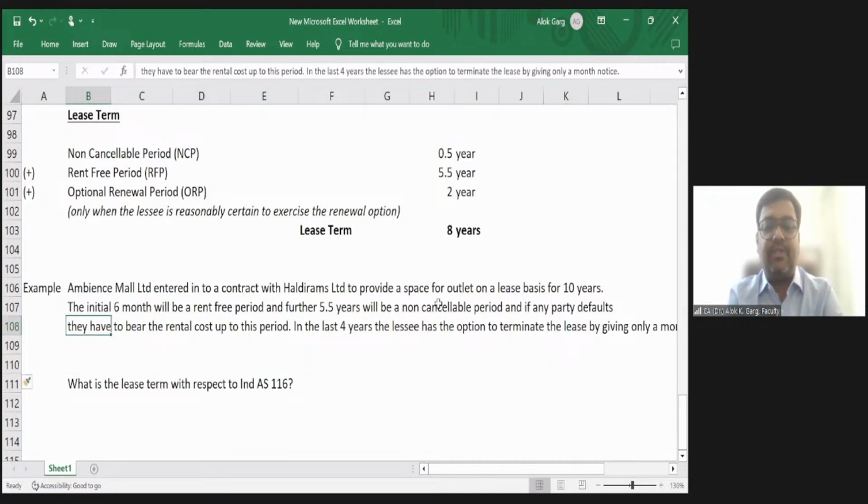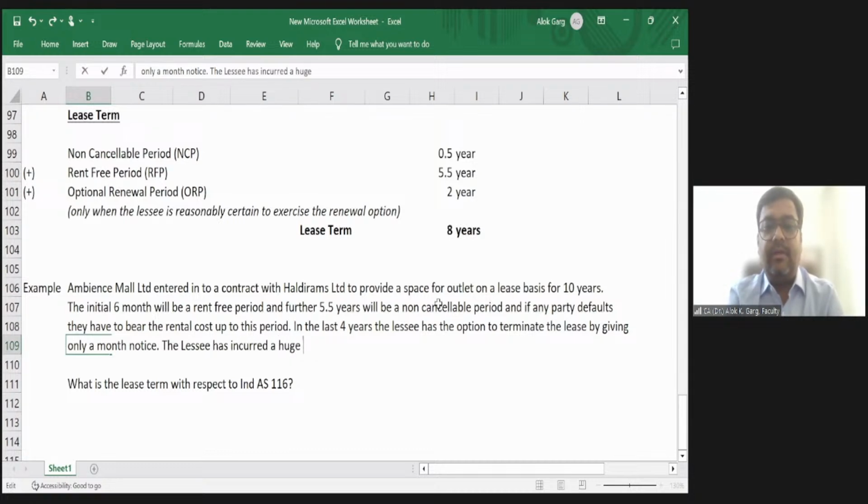The lessee has the option to terminate the lease by giving a month notice, right? Okay. And the lessee has incurred a huge leasehold improvement in this premises. What is the lease term with respect to Ind AS 116?